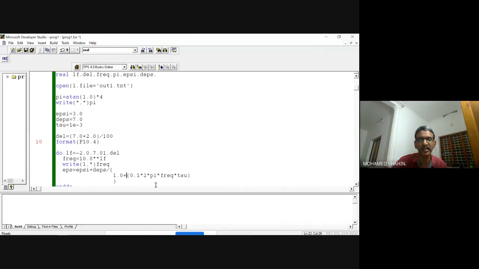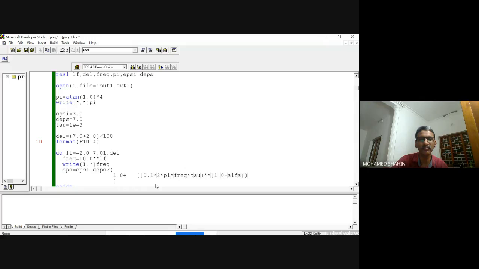So here it has to come I omega tau to the power 1 minus alpha, this alpha. Now the bracket has been closed. Okay.